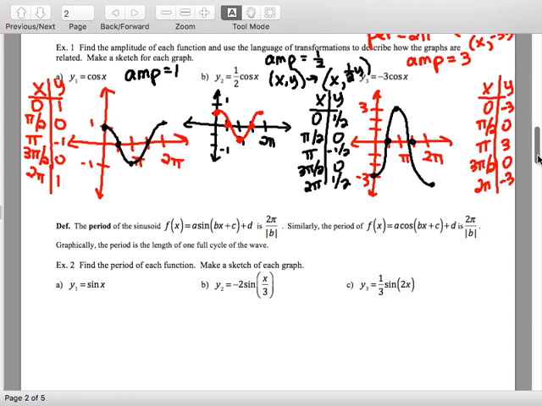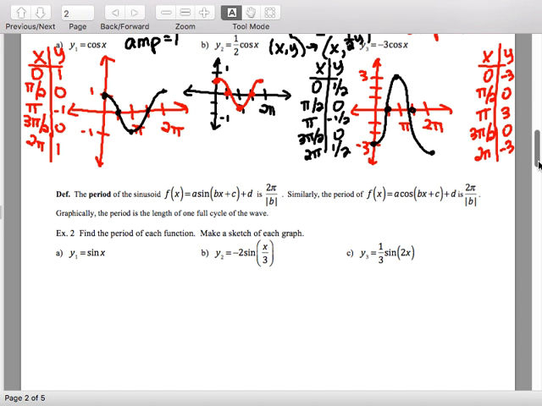So we're going to do the same thing now, but we're going to practice with the sine curve. We will do the parent function, y equals sine x, so that's 0, pi over 2, pi, 3 pi over 2, and 2 pi.